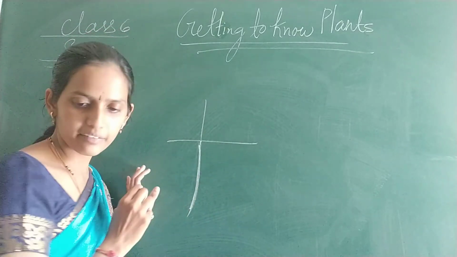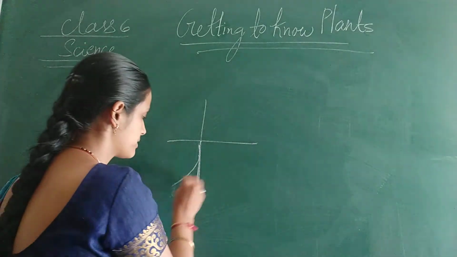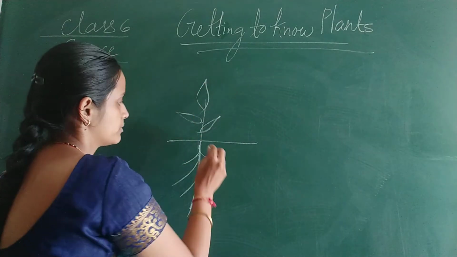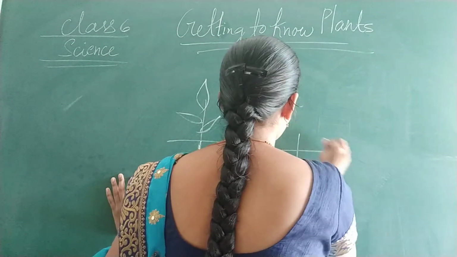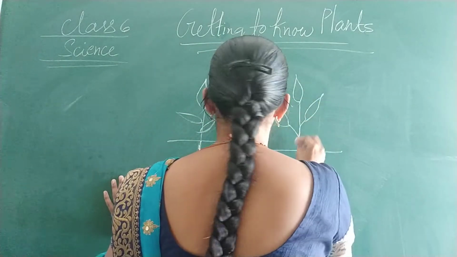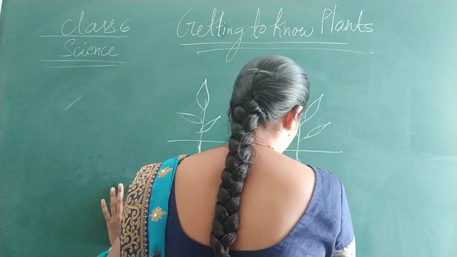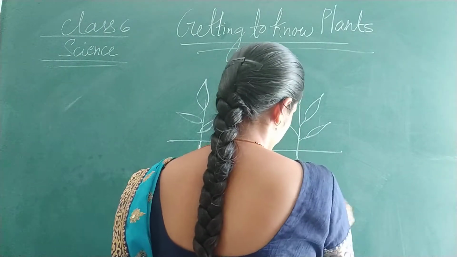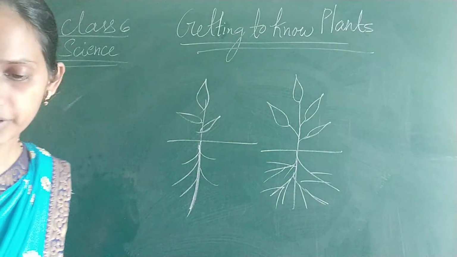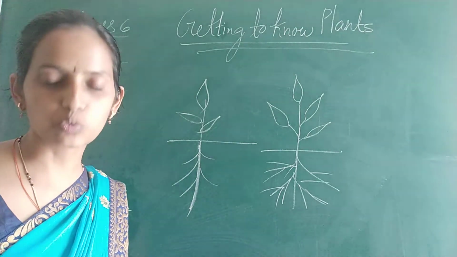So one is, you can see, figure 7.17, and the other plant. If you see figure 7.17, there is a tap root and a fibrous root.